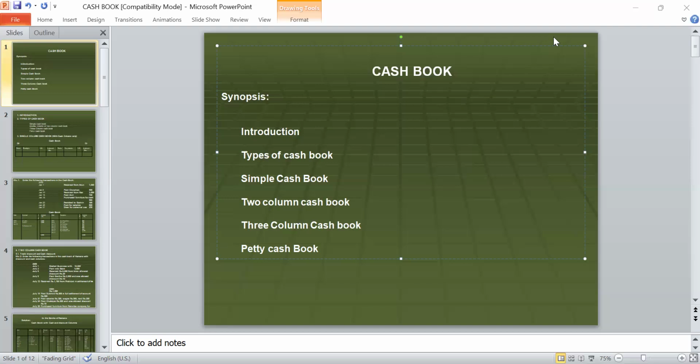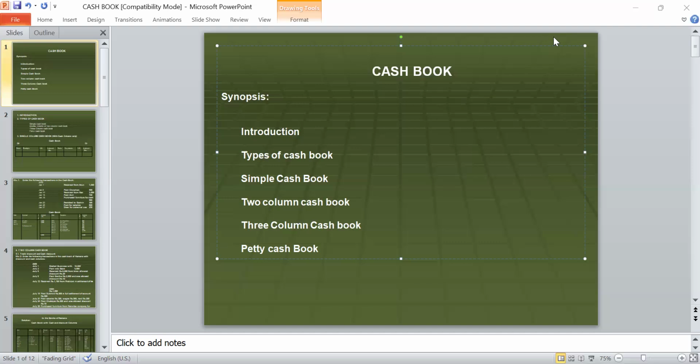The most important point is that it is a very popular subsidiary book, maintained by all organizations irrespective of their nature, big or small, profit or not, because the cash book is a very important book for each and every organization.